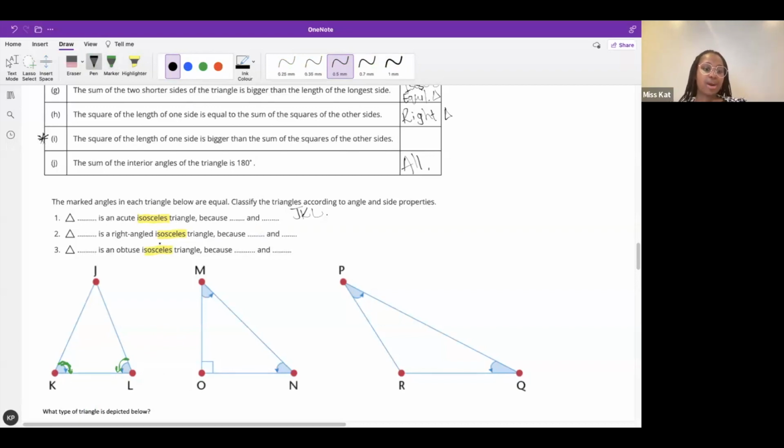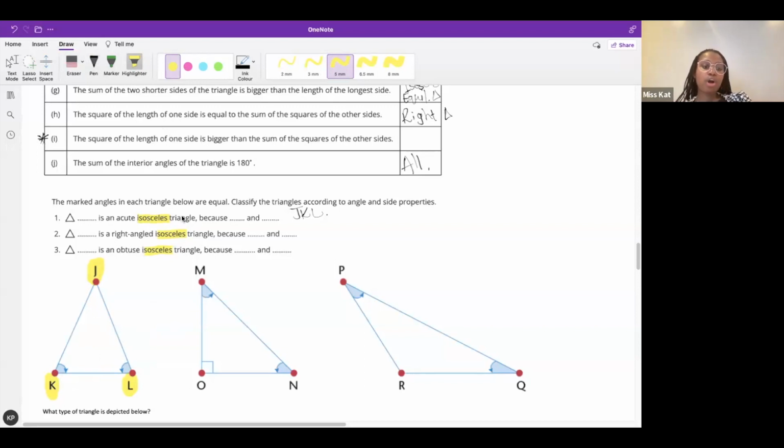Is this a right-angled isosceles? Do you see a right angle in JKL? You see a right angle? No, I do not. So it's definitely not a right-angled isosceles. Do you agree? Yes. There we go.